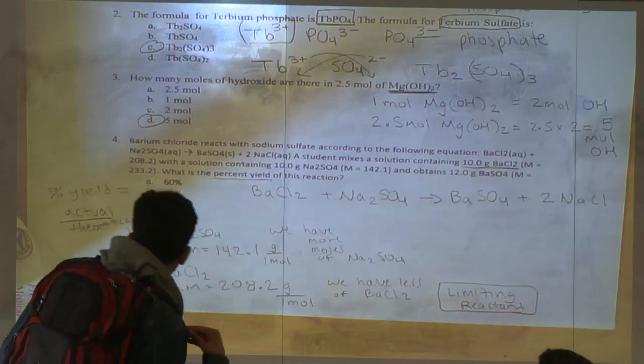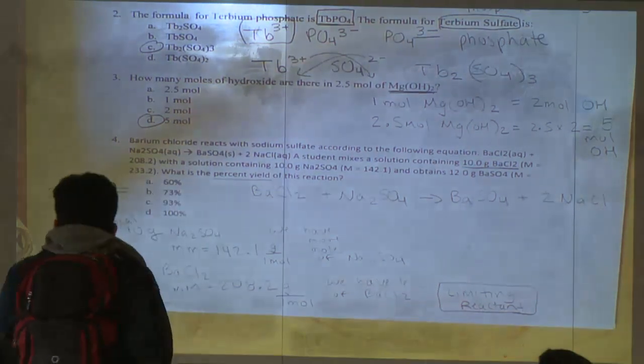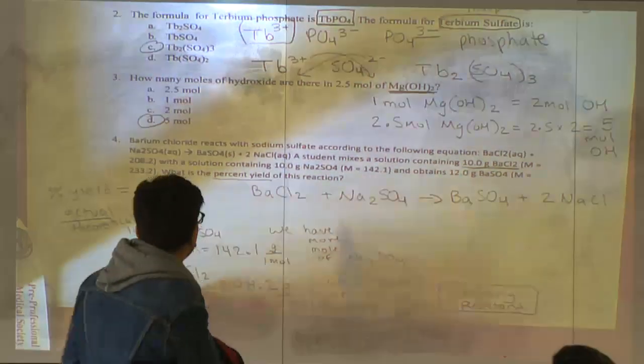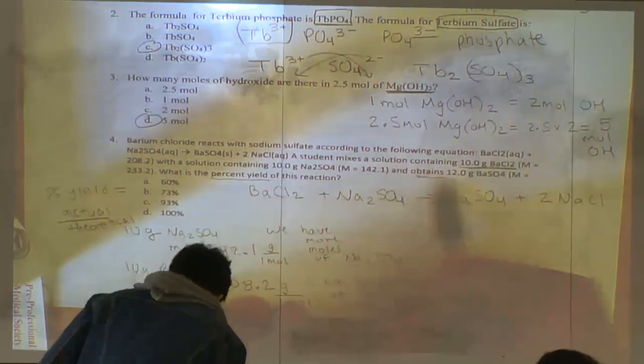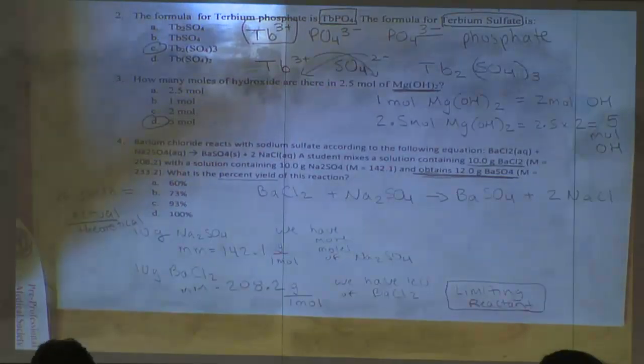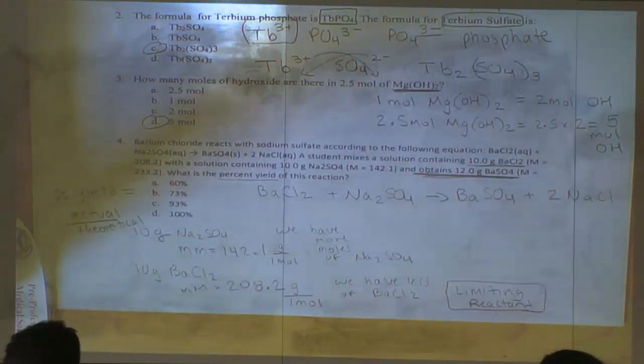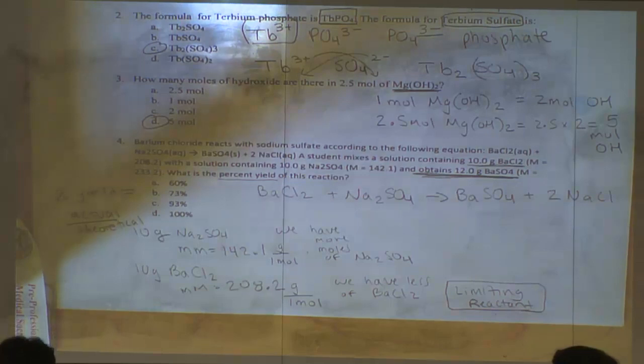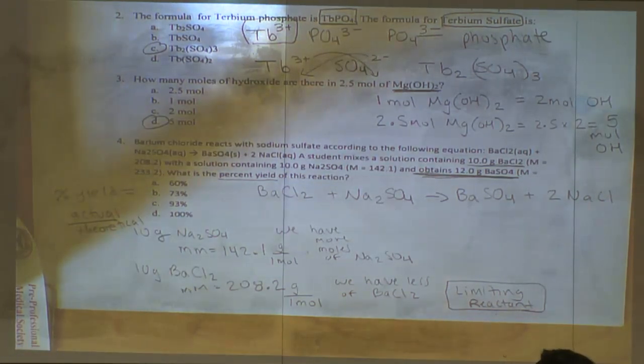Nice, they give us the actual because they tell you they obtained 12 grams of BaSO4. So they performed the experiment and got an actual value. So us sitting here at home, we don't have an experiment set up. All we can find is the theoretical.